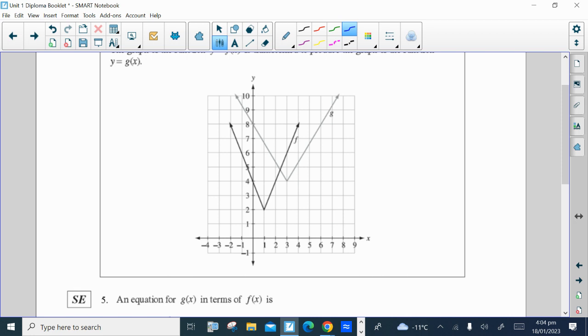Another way would be to actually compare points. If we took the starting point of 1, 2, the new starting point is 3, 4. So our x value of 1 became positive 3. So that means the x value was multiplied by 3, or it was horizontally stretched by 3.